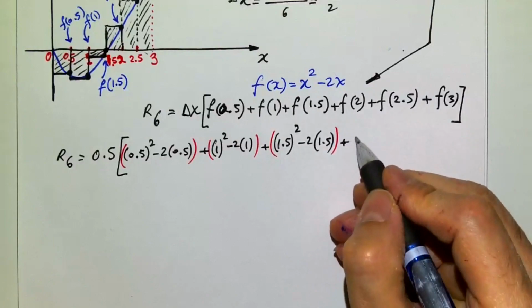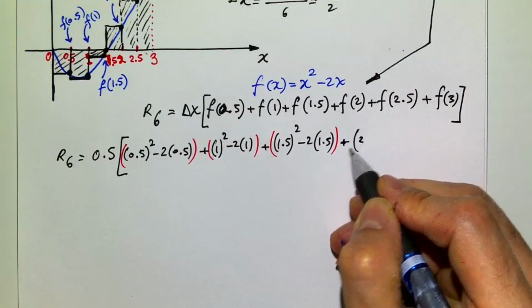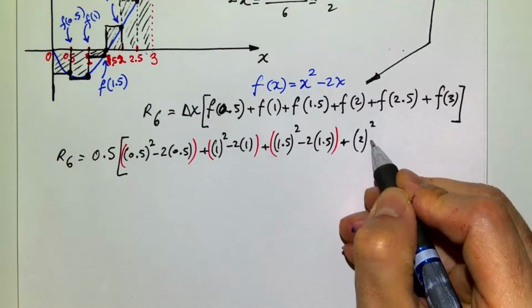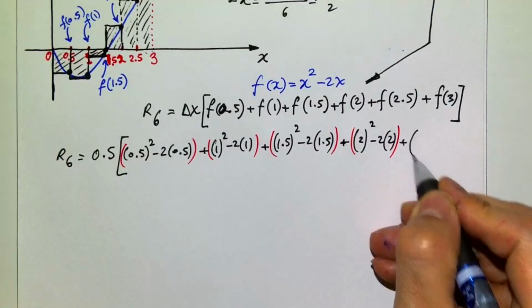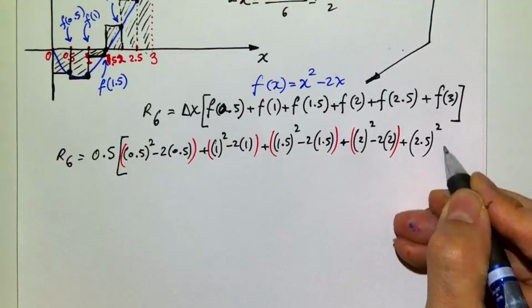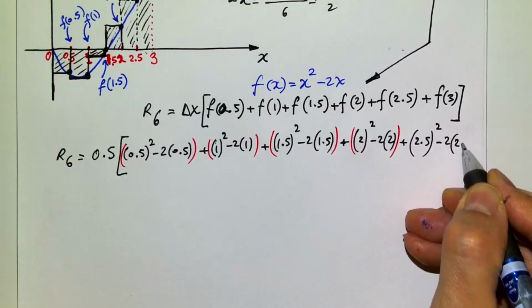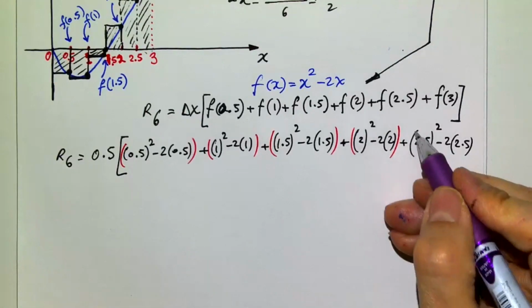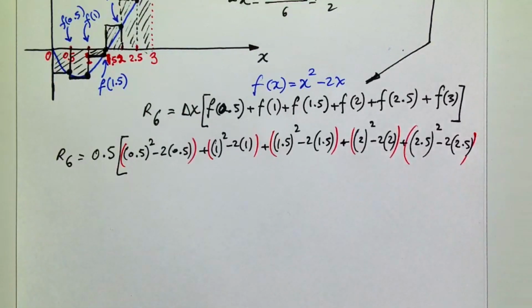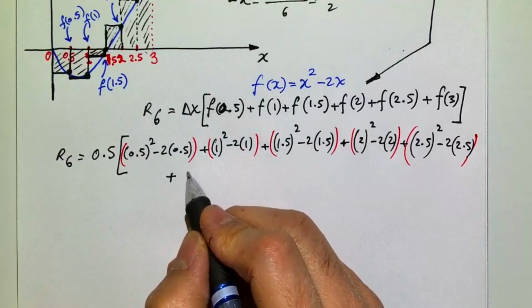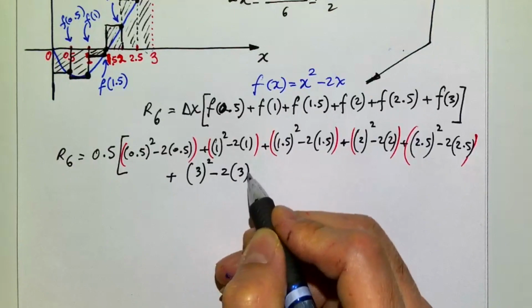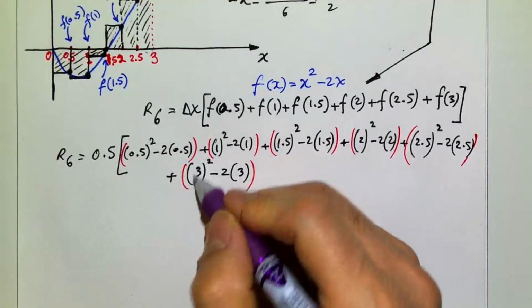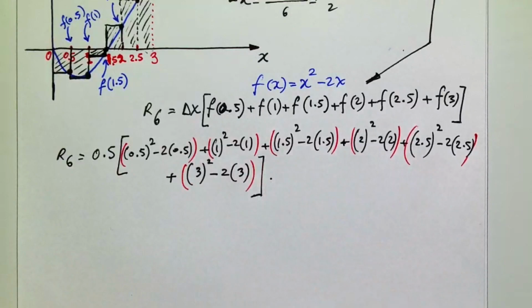plus 2 squared minus 2 times 2, plus 2.5 squared minus 2 times 2.5, three squared minus 2 times 3, like that.